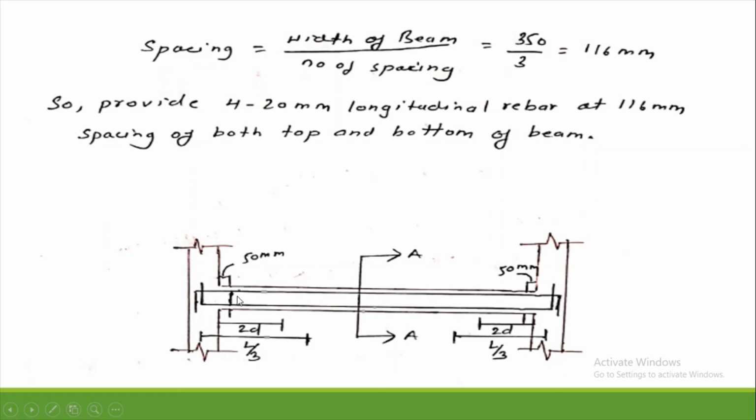Because maximum shear force acts up to that 2d distance, that's why. And at last, L by 3 is nothing but the length of the cut piece rebar. Okay, that's all.